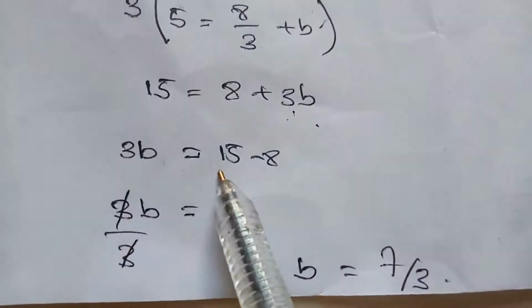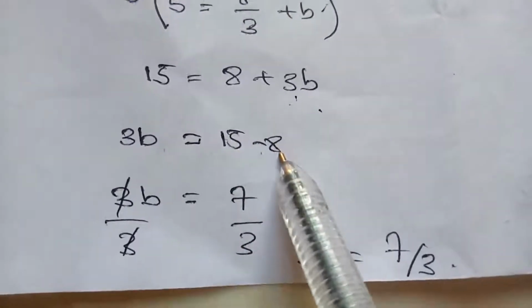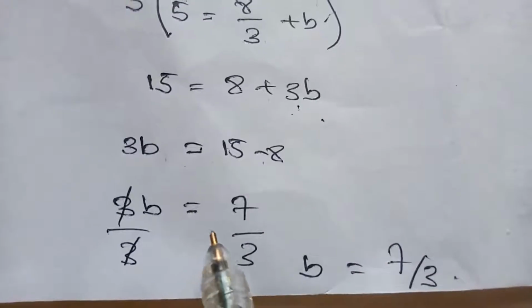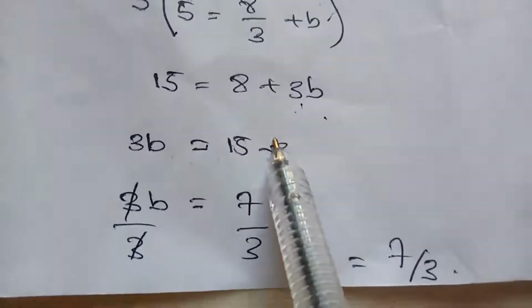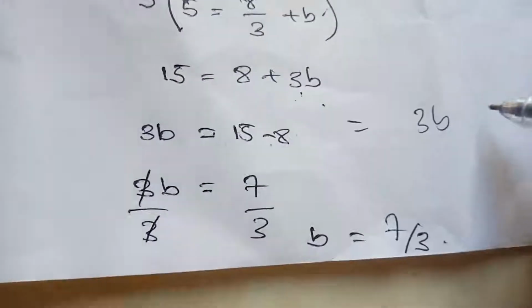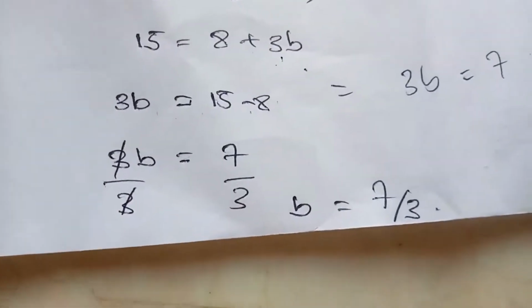Our 3b equals 15 minus 8, because the 8 came across to the other side. 15 minus 8 gives us 3b equals 7.